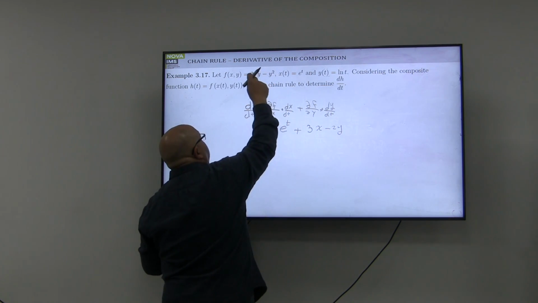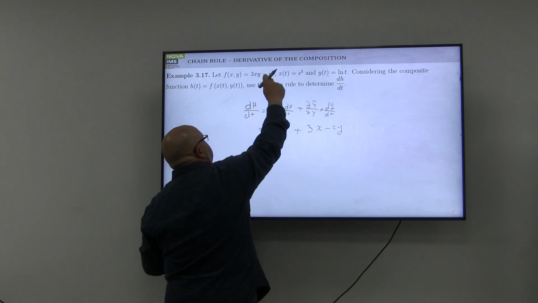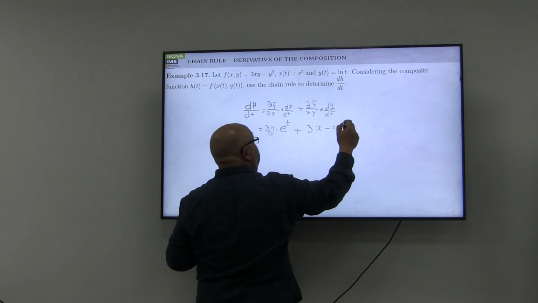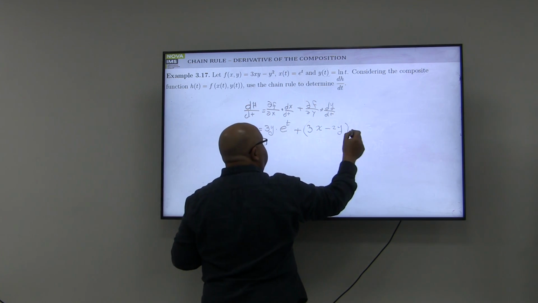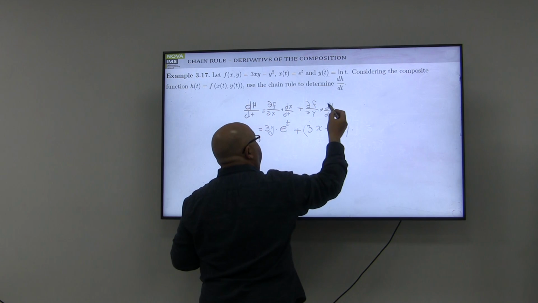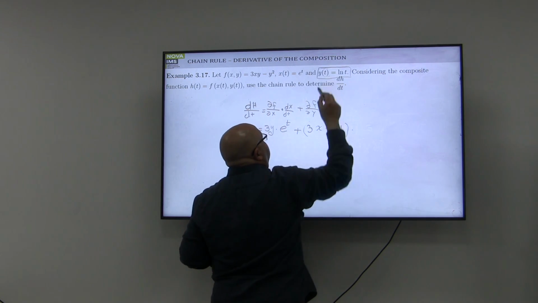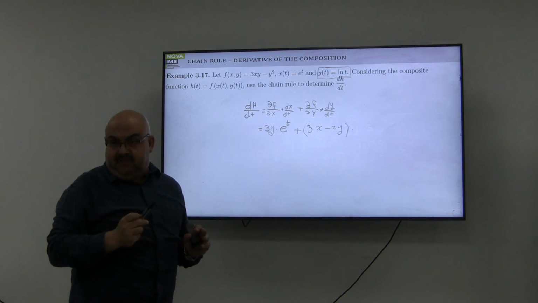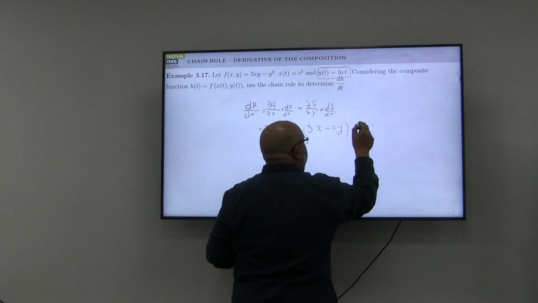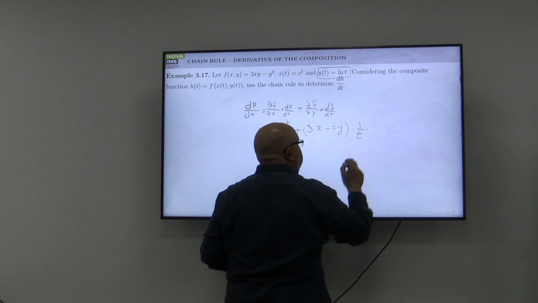So differentiating 3xy will leave you 3x, and the minus 2 ln y is going to be negative 2 over y. All of this will be multiplied by dy by dt. So this is the part that contains the relation between y and t. Differentiating, it's going to be 1 over t, as you can see.